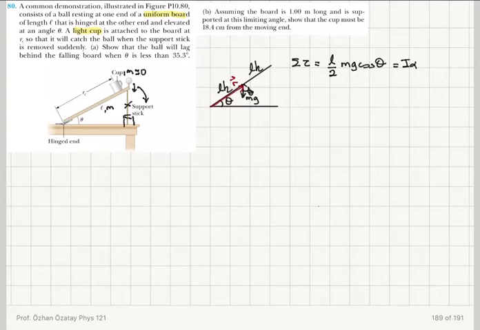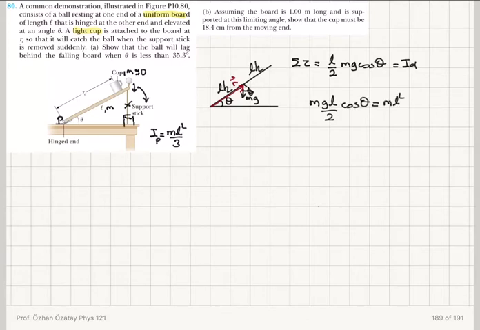Now, for a uniform board with length L, for rotations around one end, what is the moment of inertia? The moment of inertia, for this point P, is mL squared over 3. That you can recall from previous problems.